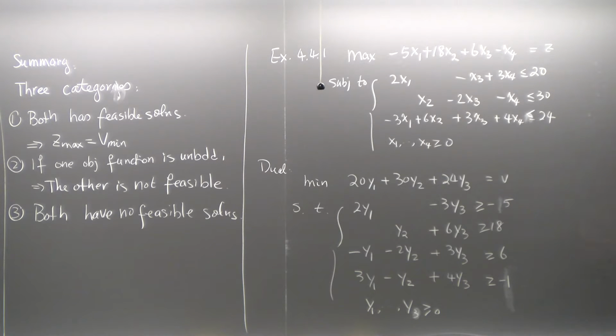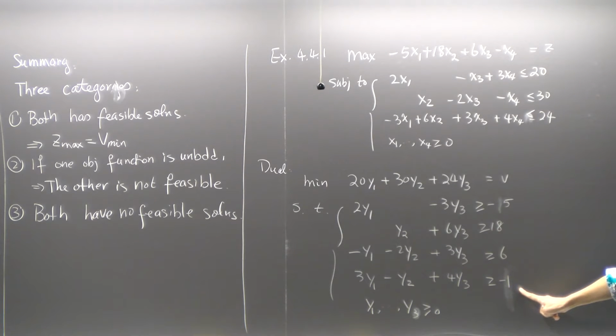Now look at the dual. In the end, you want the right-hand side to be positive. So before adding the slack variable, I would multiply the first and the fourth by -1 to change the inequality sign. After I've done that, I will add the slack. I will have to add 4 slack variables: y4 with a plus sign, y5 with a negative sign, y6 with a negative sign, and y7 with a positive sign.